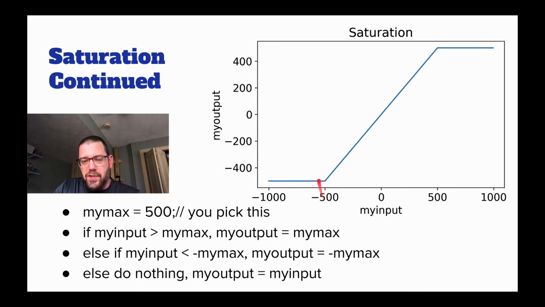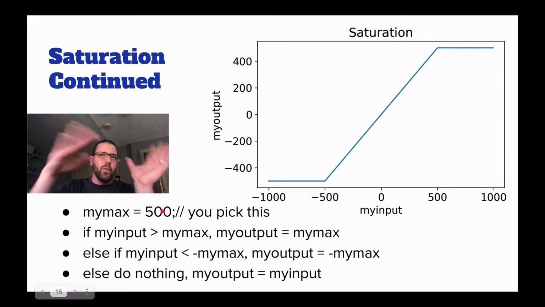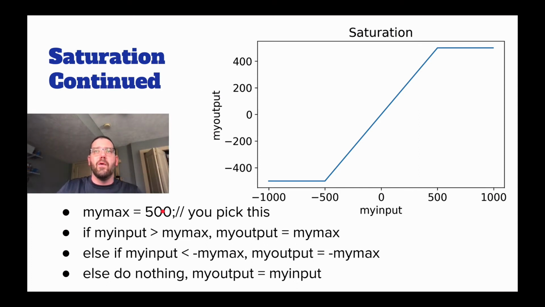If we said plus or minus 500 is the range that we're allowed on our servo movement for steering, then anytime we go above 500, we're going to check it and set it back to 500. And anytime you go below negative 500, we're going to check that and just set it to negative 500. Maybe you want this maximum to be less for some reason, maybe your wheels run into your chassis if you turn too far, or the robot flips over.